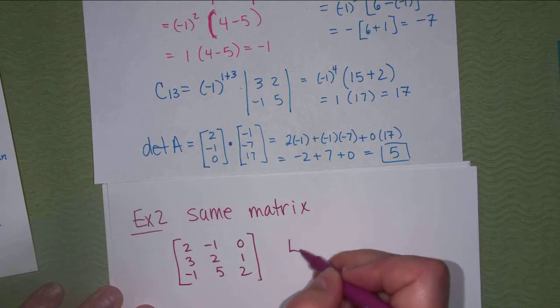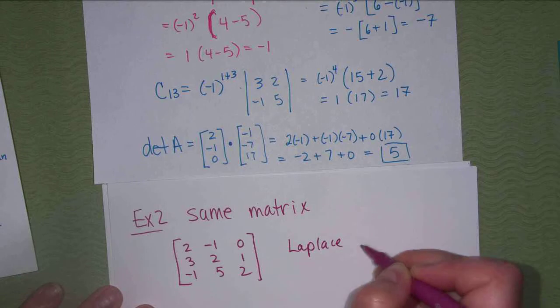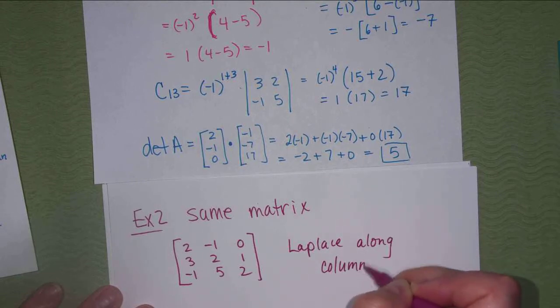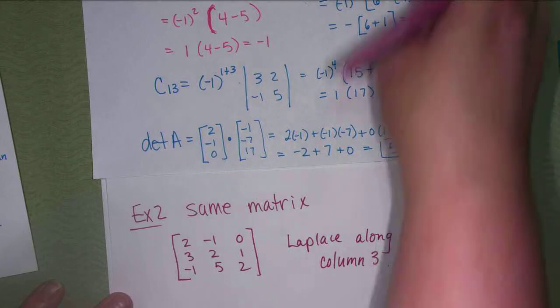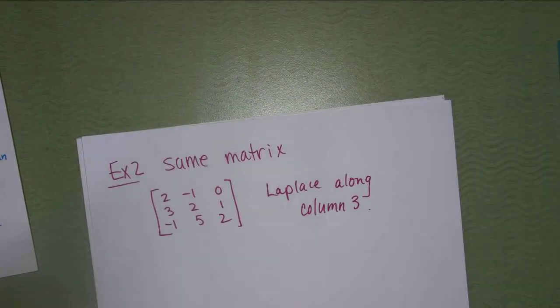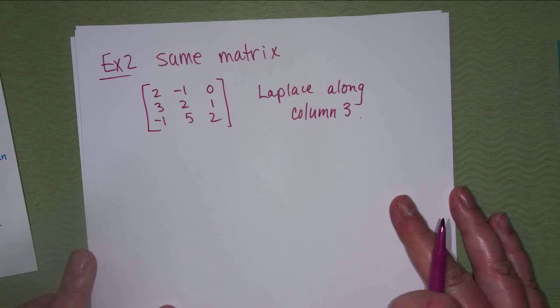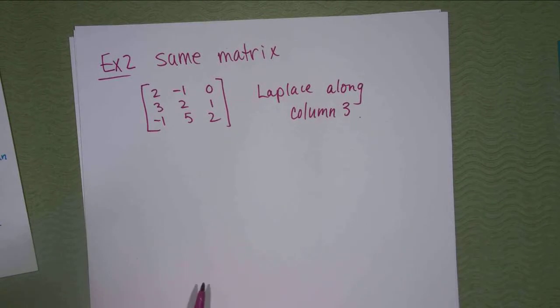I'll do Laplace along column 3. And hopefully we'll get a 5. Okay, so let me show you how I would write this out. I don't put the dot product, I just put it all together as one equation. Okay, so this is how it looks.